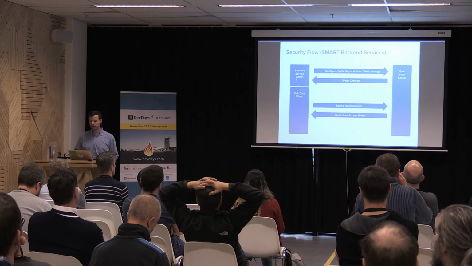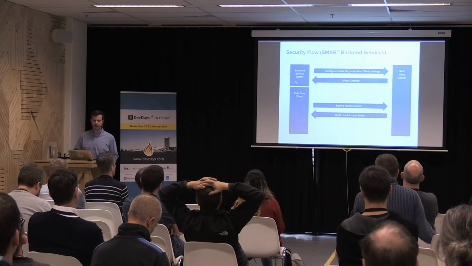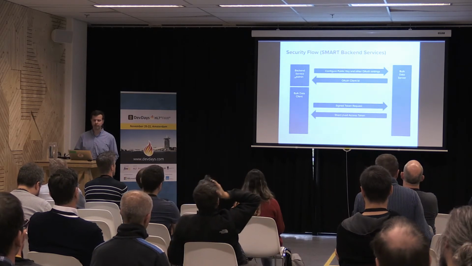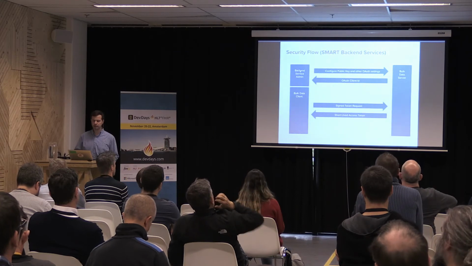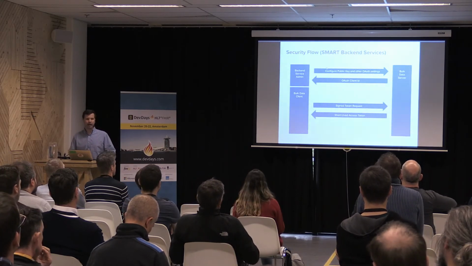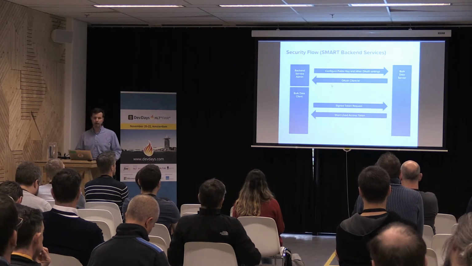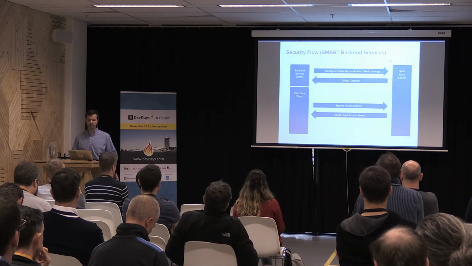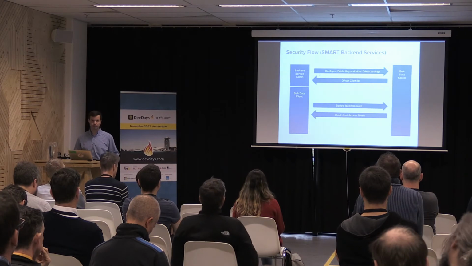So the protocol basically looks like this. On the left, you've got the client, which in this context we call a back-end service. And on the right-hand side, we've got the FHIR bulk data server. There's this out-of-band registration step ahead of time, maybe manually, where the client developer registers its client with the server.